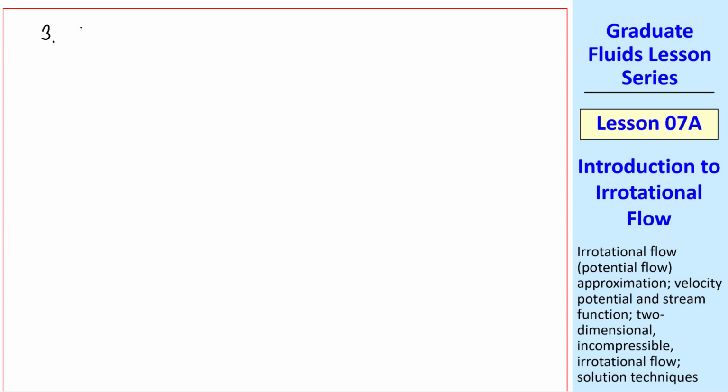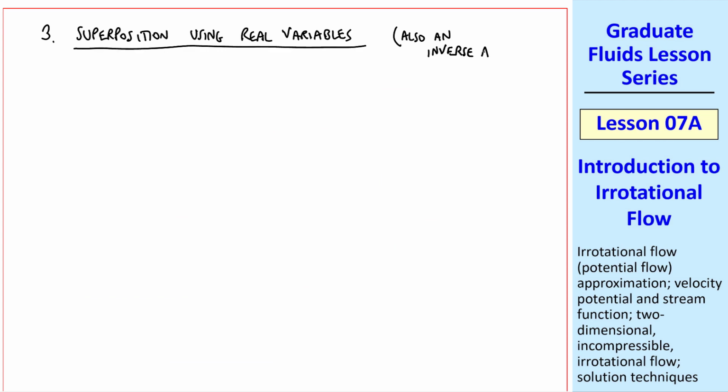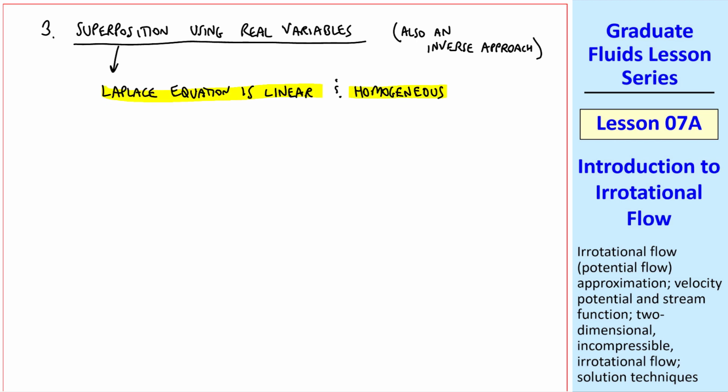A third technique is superposition using real variables. This is also an inverse approach, since we don't start out with a given flow. Rather, we'll add up existing solutions. Superposition works because the Laplace equation is linear and homogeneous. That simply means that the right-hand side is 0. For example, if we're working with psi, the 2D Laplacian is equal to 0 on the right-hand side.